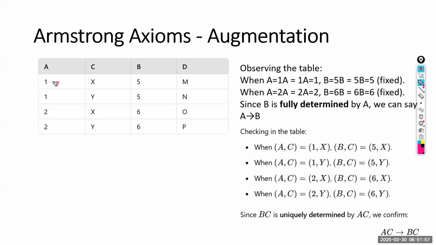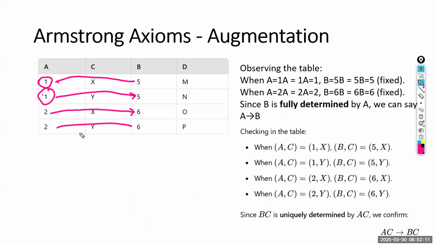For one value of A, there must be only one value of B. Yes, right? 1 is 5. Yes, 1 and 5. Correct? 2 and 6. Yes. If 2, 6 and 2, 7, then we could not say A determines B. But here you can see A determines B. Yes, correct. So this data set satisfies A determines B.